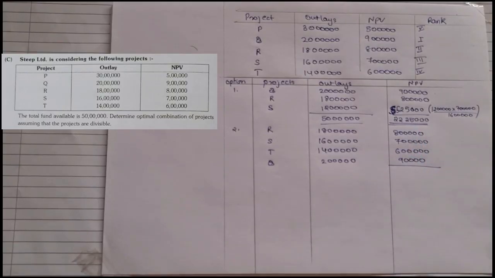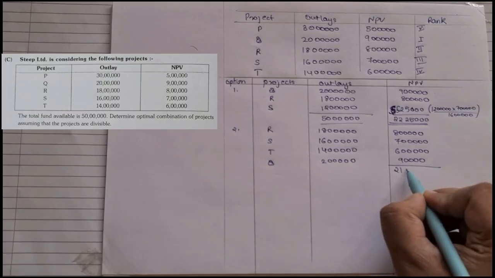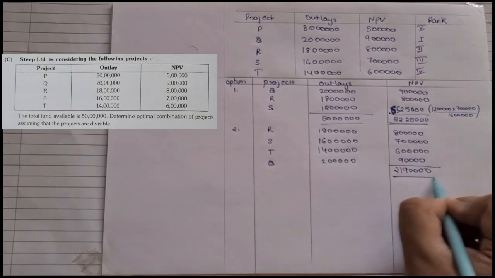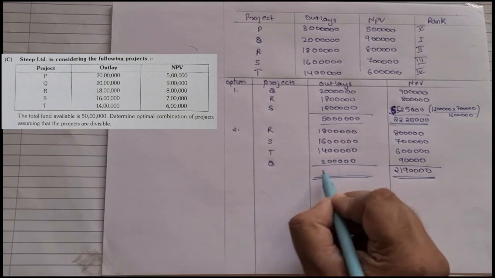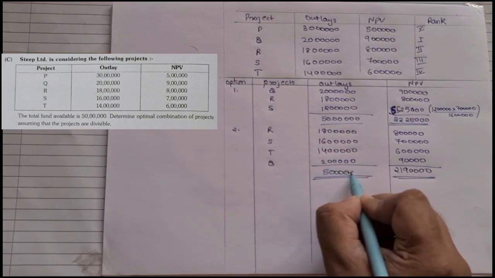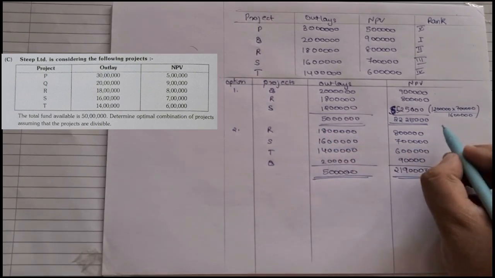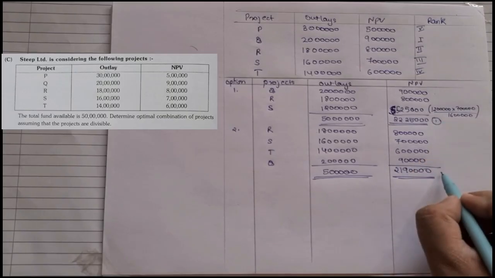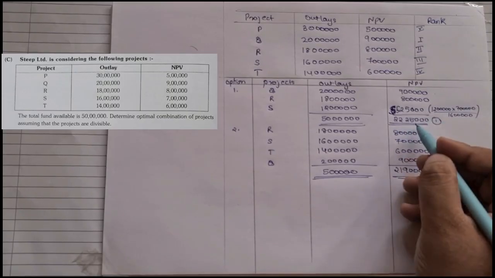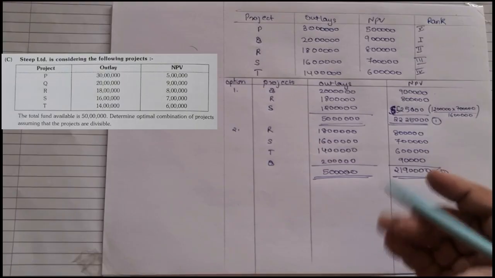When I add up, it becomes 21 lakh 90,000. This is total 50 lakhs. Remember, the first option was 22 lakh 25,000, and this second option is 21 lakh 90,000, which is lesser.